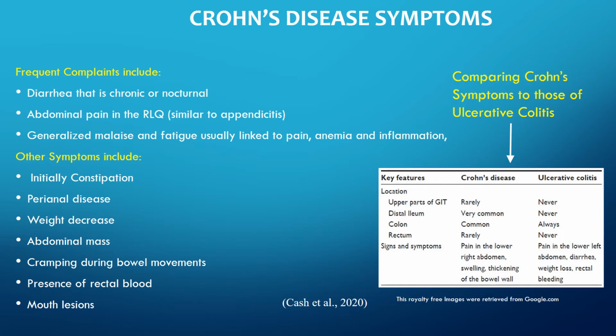Other symptoms include initial constipation, perineal disease, weight decrease, abdominal mass, and cramping during bowel movements. There may be presence of rectal blood and mouth lesions. And here you can see the table that compares Crohn's symptoms to those of ulcerative colitis.